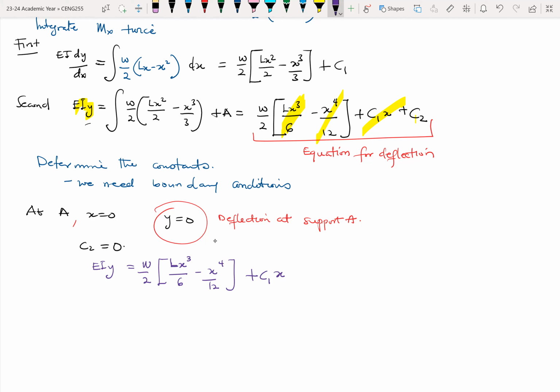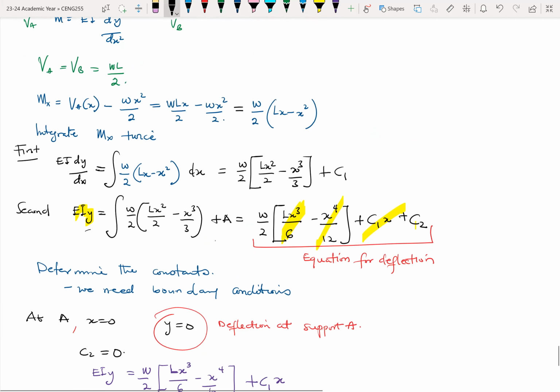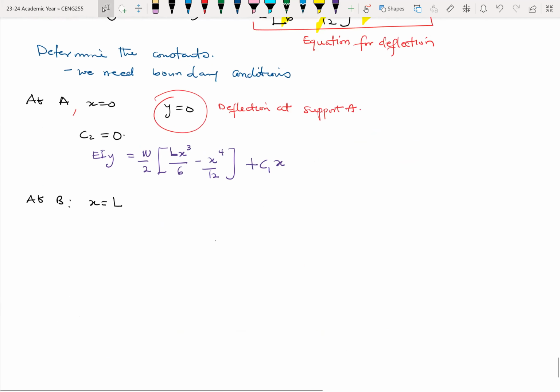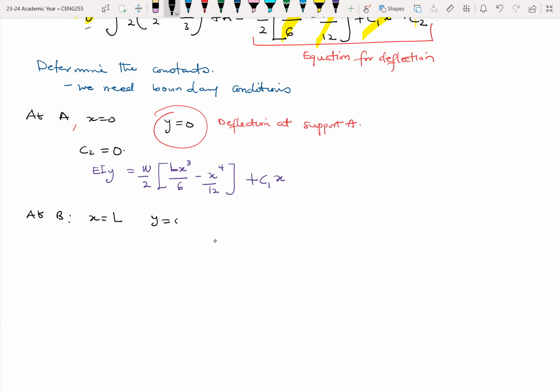So we know what our C2 is, 0. Now let's find C1. To find C1, you can look at point B. At B, again, X is 0. Sorry, X is not 0. At point B, X is equal to the entire length of the beam, L. But again, our deflection at that point is 0 because it's a roller support, and per the boundary conditions, there can't be any deformation at that particular point.